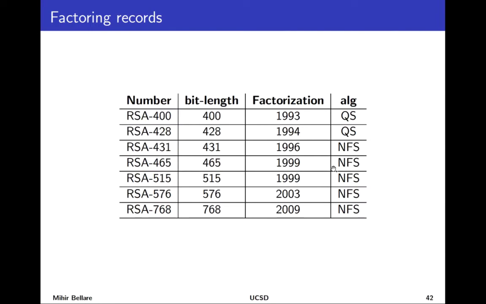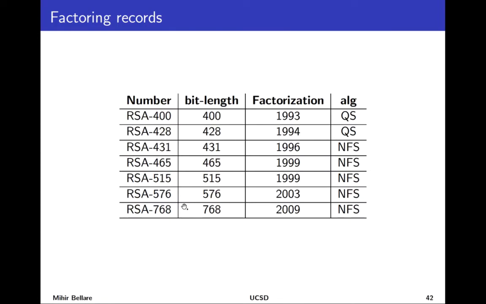This did not arise from a new algorithm, but from faster, better implementations and distributed computing and all kinds of computational speed-ups. But this led to a complete rethinking of the size of moduli needed for security. And after that, people have recommended a minimum of 1024.